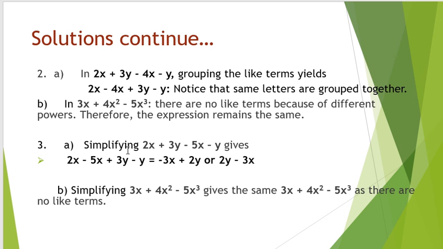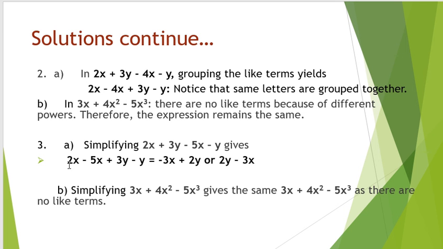Let us come to this expression here. Simplifying this expression, we begin by first grouping the terms accordingly, like and unlike terms. So we have x here and we have x there, so we group this and that together. And also we have y here and y there, we also group y and y together. At the end of the day, we have 2x minus 5x, then plus 3y minus y.